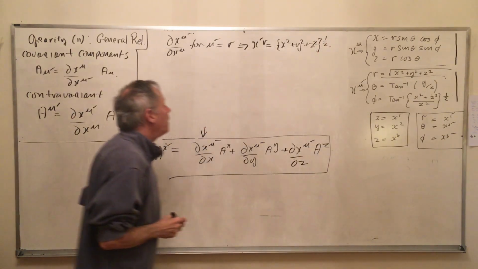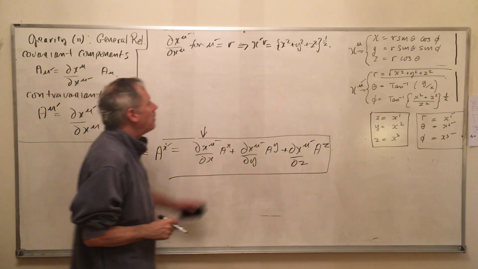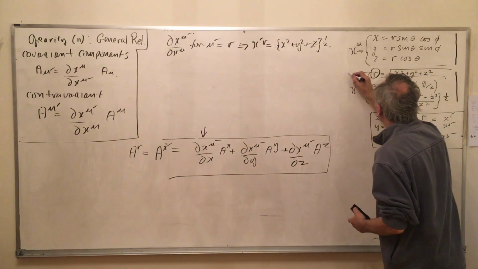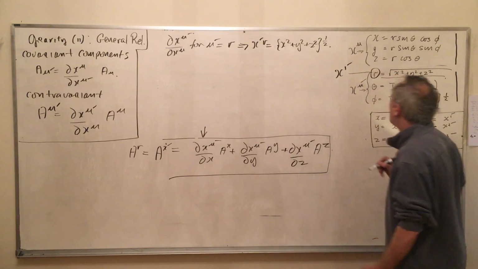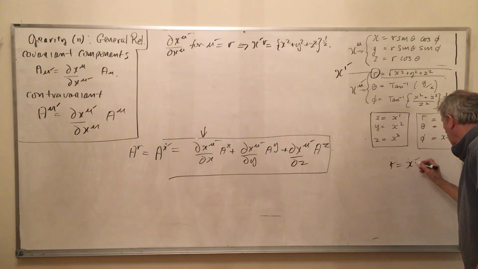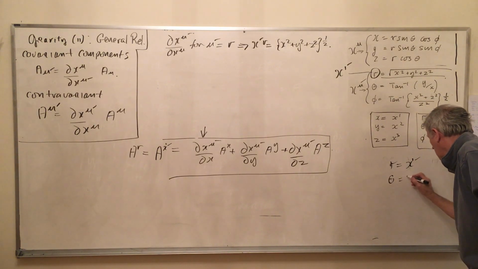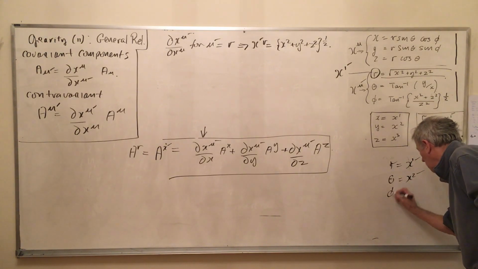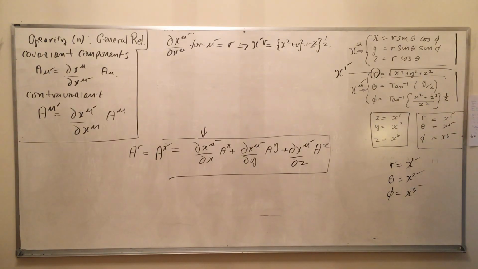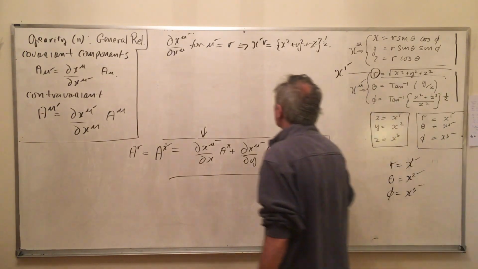That's the transformation function that gives me what r is. R is x1 dash. Theta is x2 dash, and phi is x3 dash. Okay, so we go.